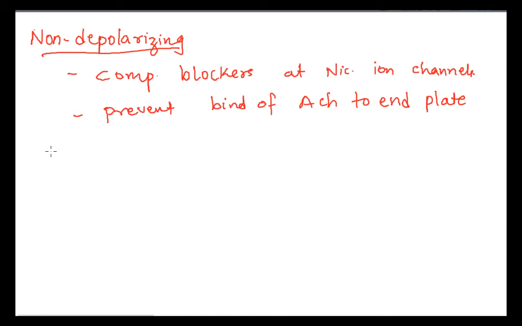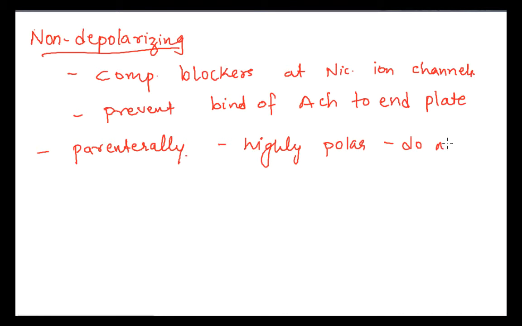Okay, from the pharmacokinetics point of view, all the drugs are given parenterally, and they are highly polar. So if they are highly polar, they do not cross the blood-brain barrier. Just understand this.